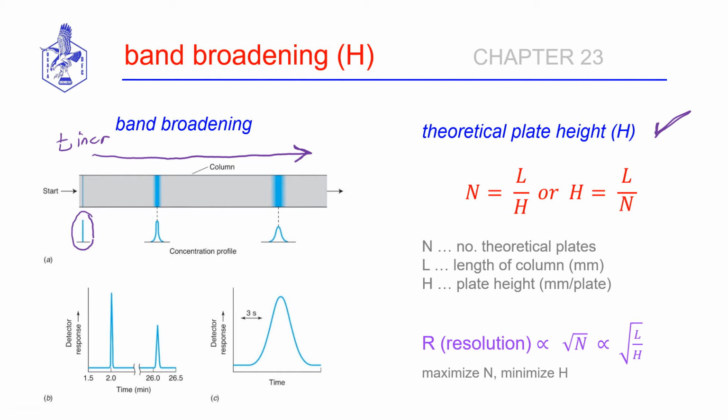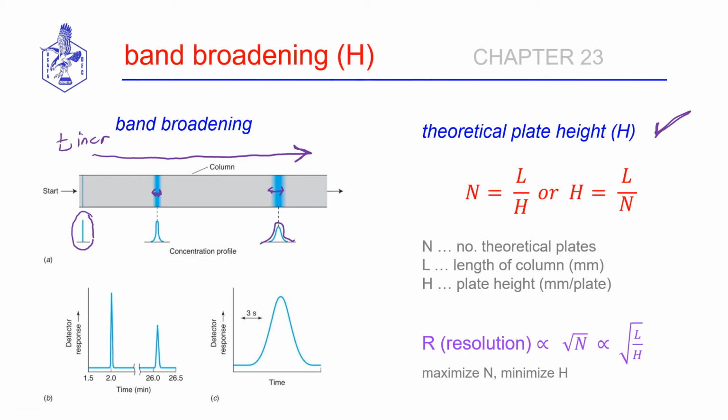This is the natural tendency for the species to move from a region of high concentration to lower concentration. So the bandwidth gets wider. And by the time we get to the end of the column, that width is even bigger.